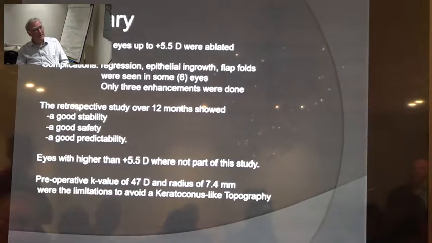The preoperative K value of 47 diopters and the radius of 7.4 millimeter were the limitation to avoid a keratoconus-like topography, but you can have an ectasia or a keratoconus also in a myopic correction of -3 or -4.